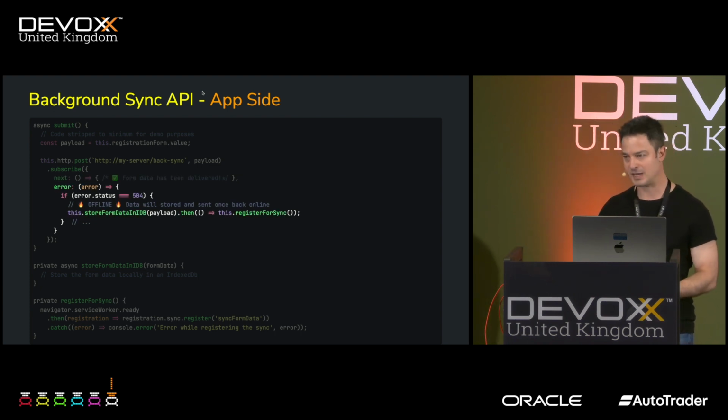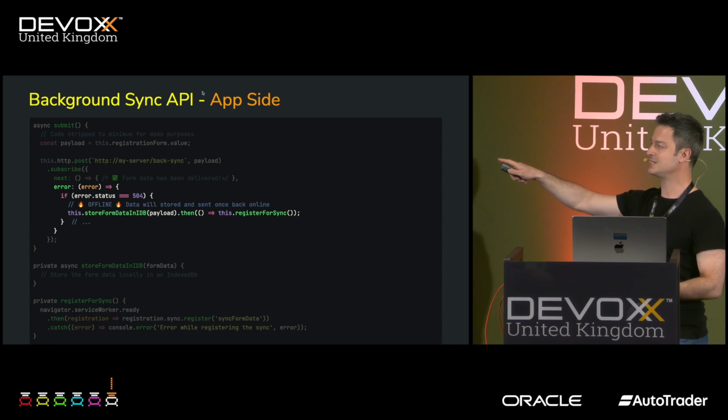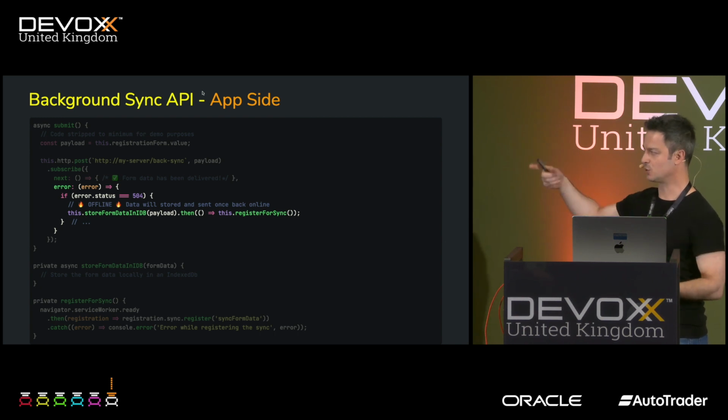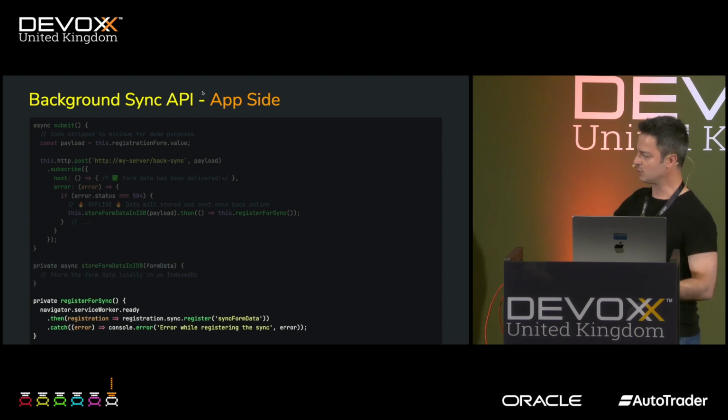However, if we are offline, then we can intercept and interpret a specific error. And in that case, we take the payload, that would be in this case all the form fields, and we save it in the local IndexedDB. And then we invoke a local register for sync method.